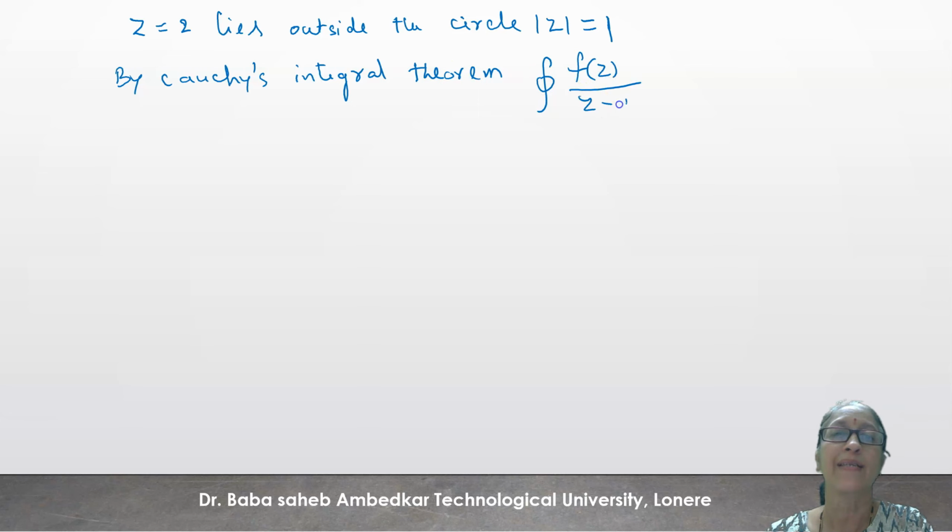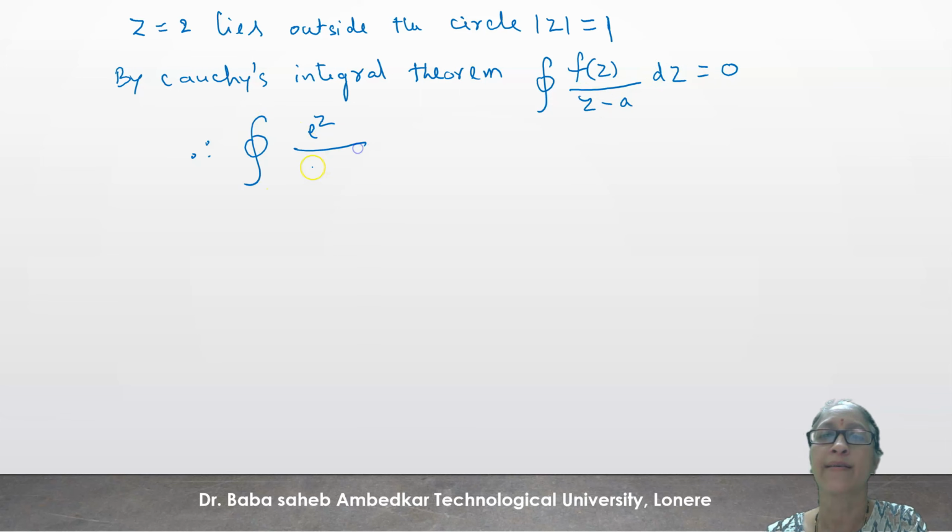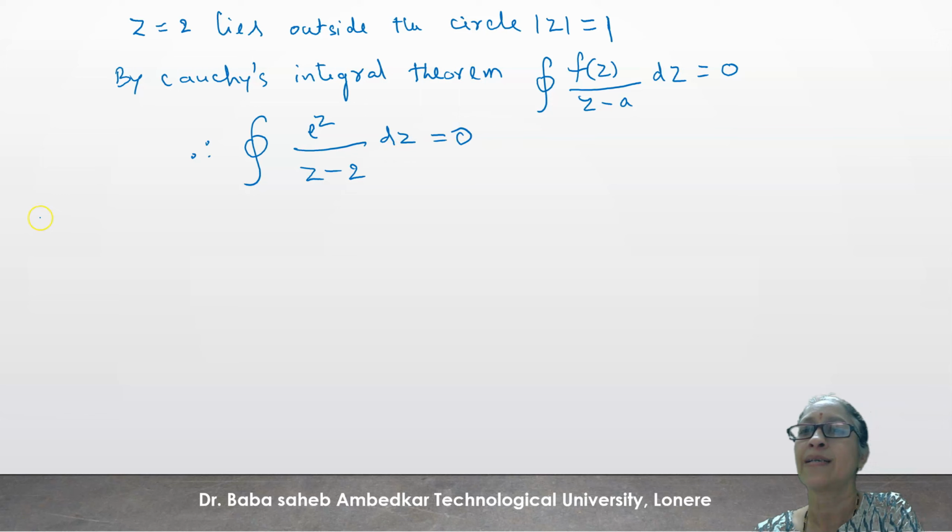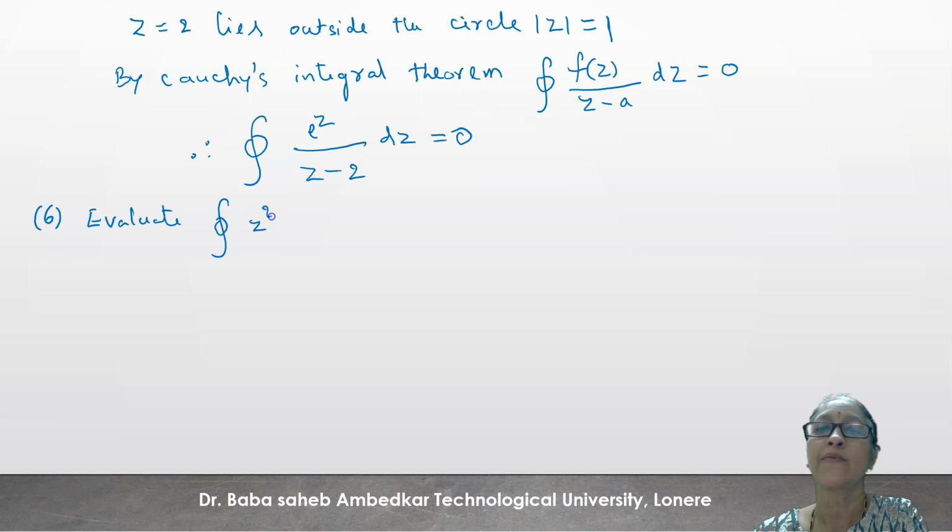Therefore, the contour integral of e power z by z minus 2 dz is 0. Next one: evaluate the contour integral of z square dz, where the curve is mod z equal to 1.